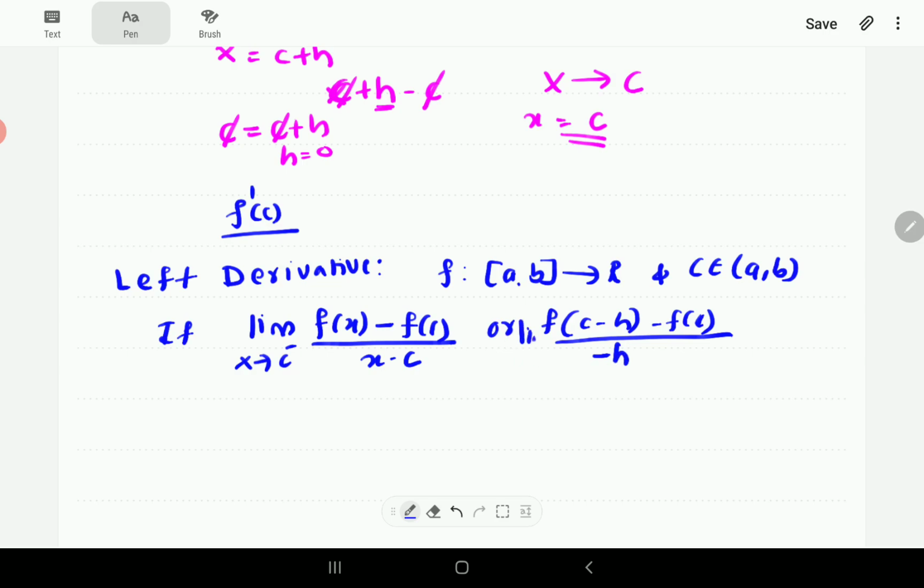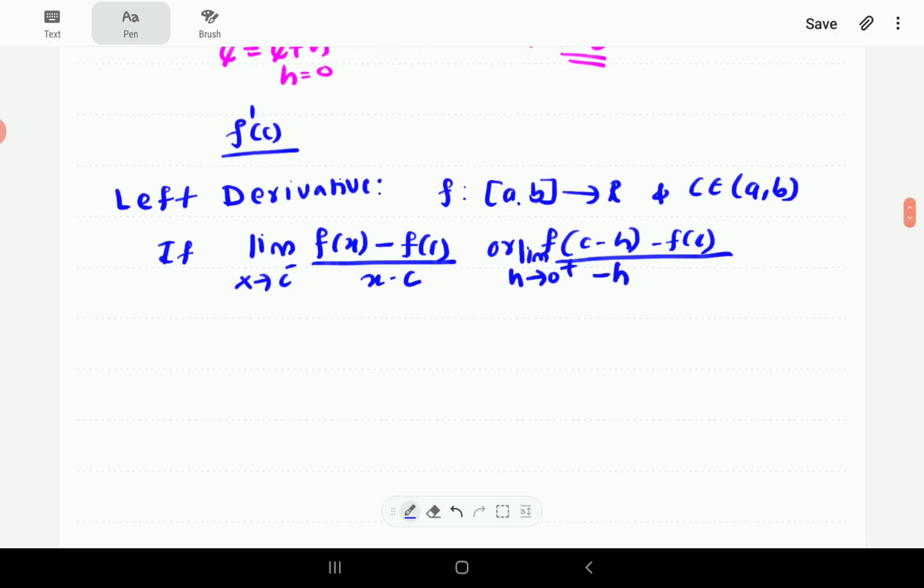So here the limit should be as h tends to 0 plus. So if this exists, then this limit is called the left hand derivative of f at the point c.